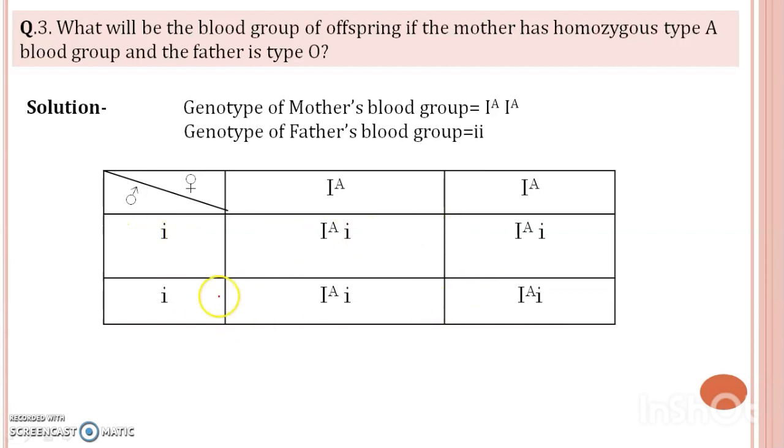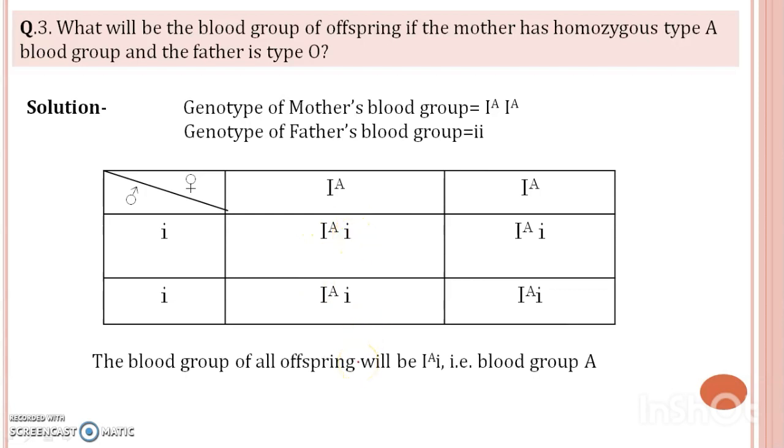Then we will set the genotypes of the offspring, and they will be IAi, IAi, IAi, IAi. All four offspring's genotypes are same. So that means the blood group of all the offspring will be same, which is IAi. Okay, that means the blood group will be A.